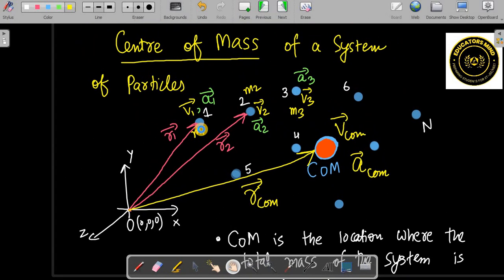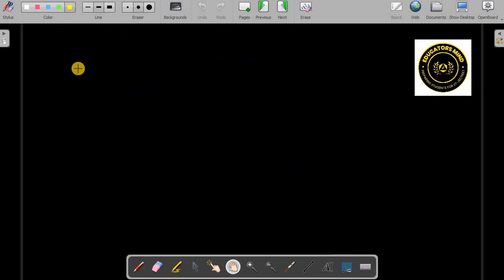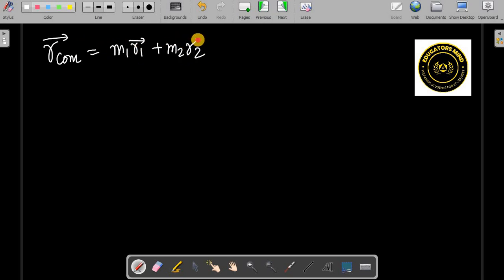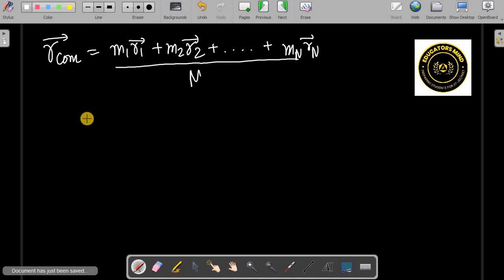Let us first write down the important formulas for center of mass. Position vector r center of mass will be m1 r1 vector plus m2 r2 vector plus dot dot dot plus mn rn vector, divided by the sum of all the masses, that is, the total mass of the system.